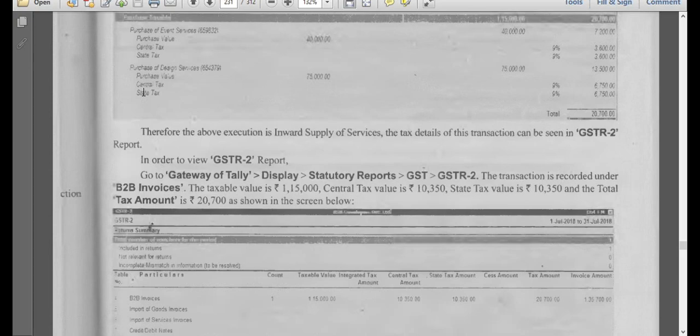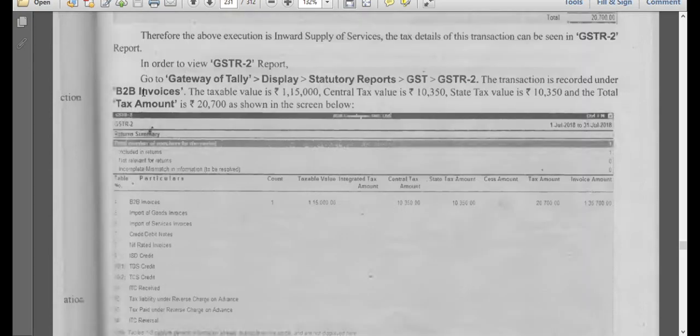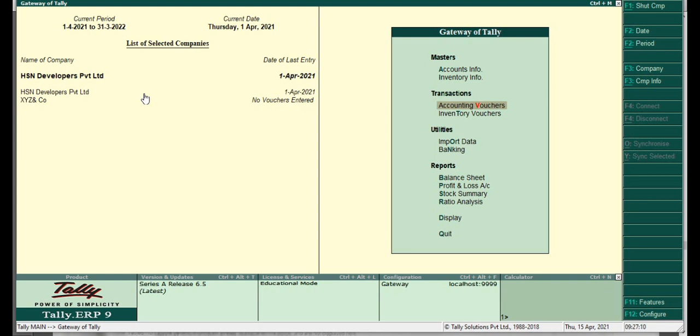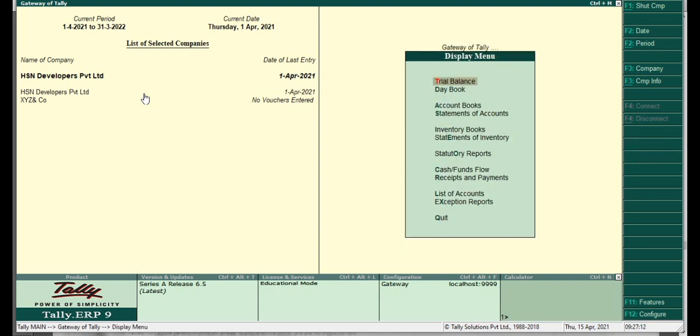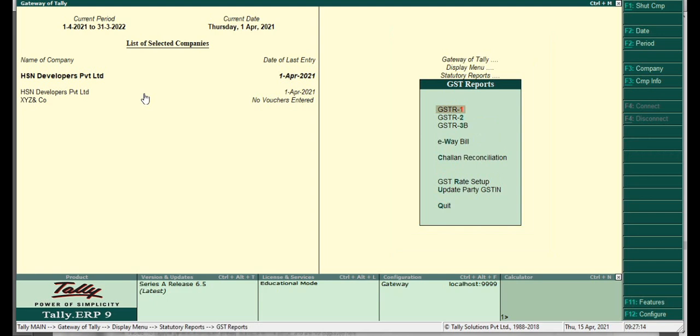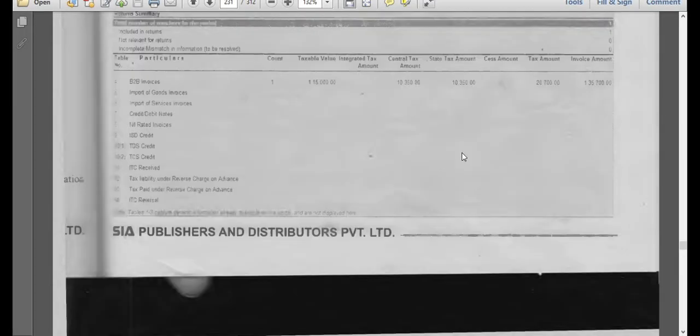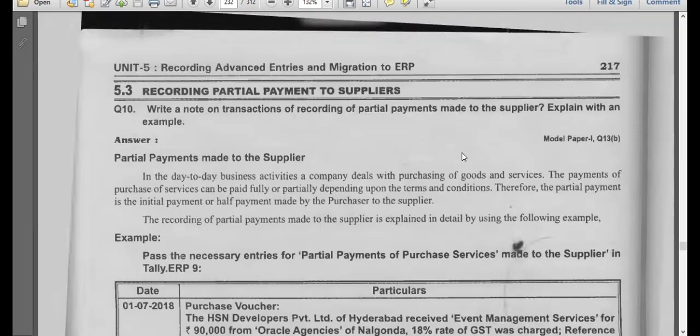So it will be there in B2B invoices. Go back, display, statutory, GST, GSTR2. You can see here B2B invoices 1,15,000, 20,700, 20,700. So the complete total amount is displayed over there.